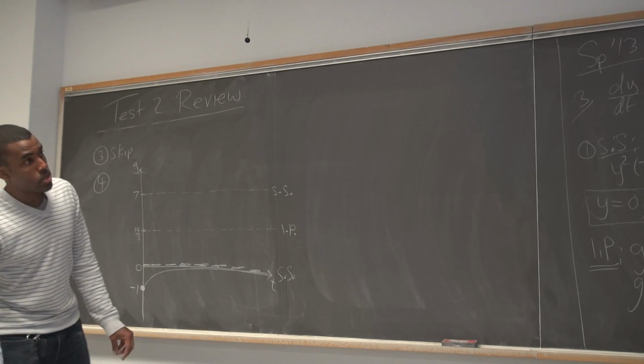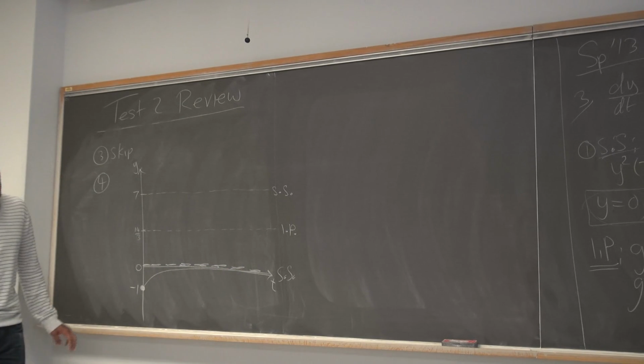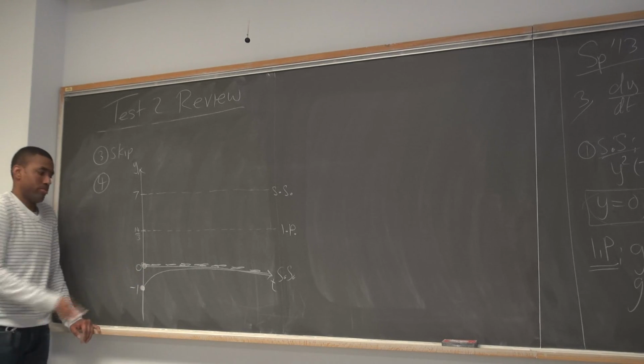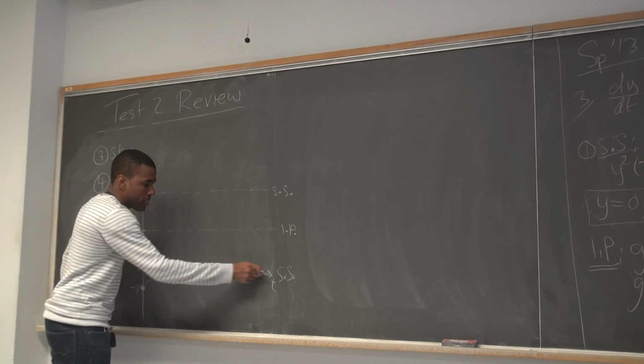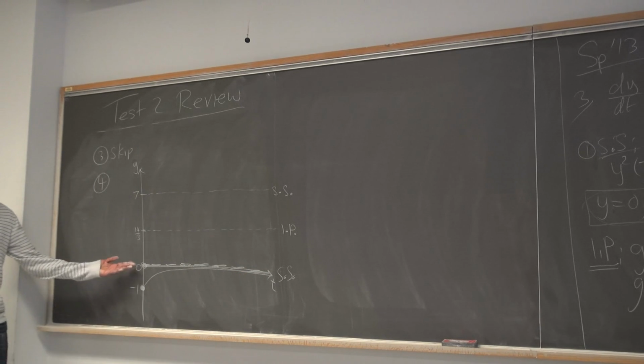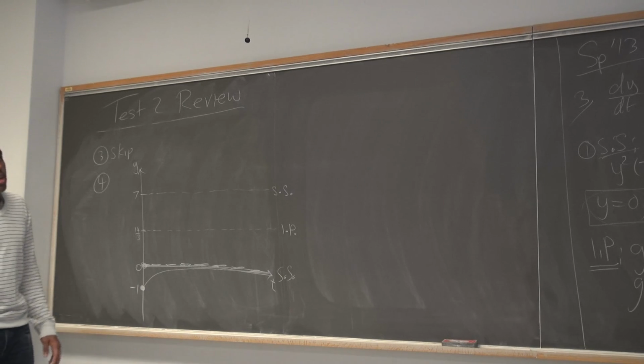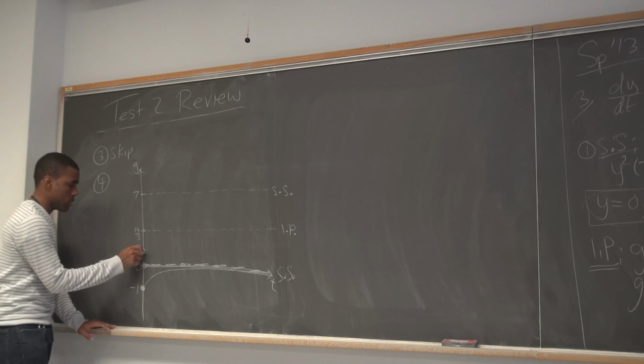The next one is, what if I'm actually at 0? What's going to happen? I'm just going to stay at 0, because at that point my derivative is 0. I'm not growing. I'm just horizontal, a straight line.